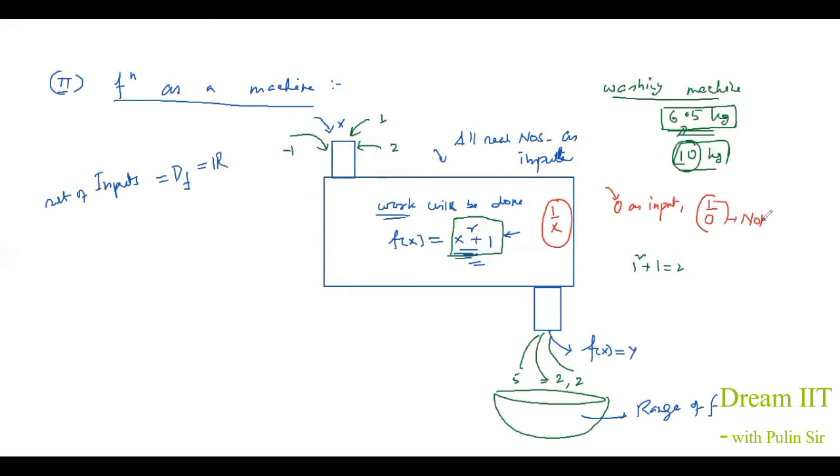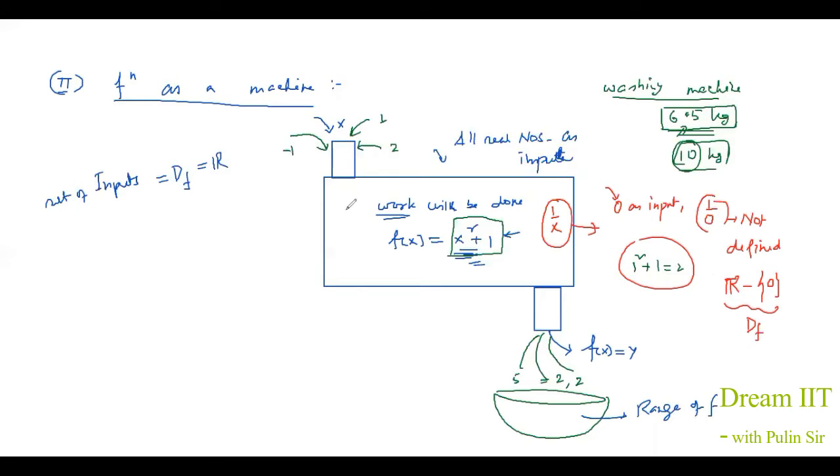That means the machine will not work properly. So you should be careful when your function definition is f(x) equal to 1 by x. Out of all the real numbers, you should kick away the real number 0. In that case, this will be the domain. So that is the idea of function as a machine.